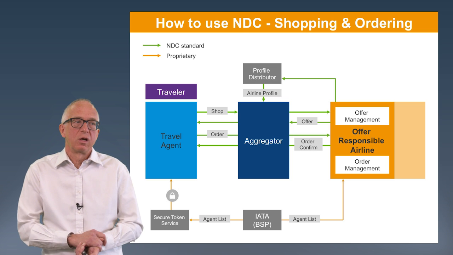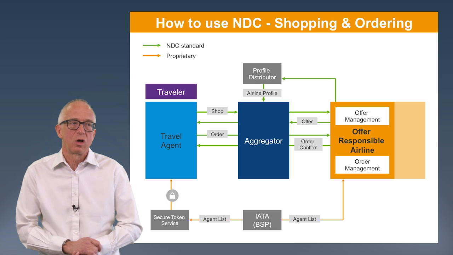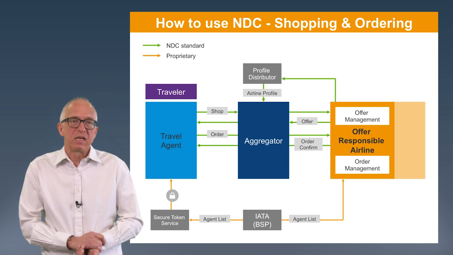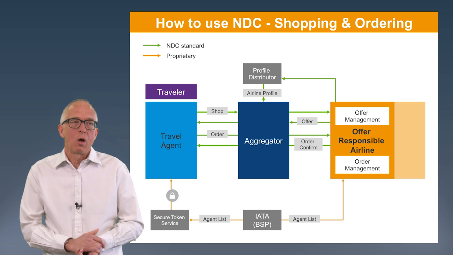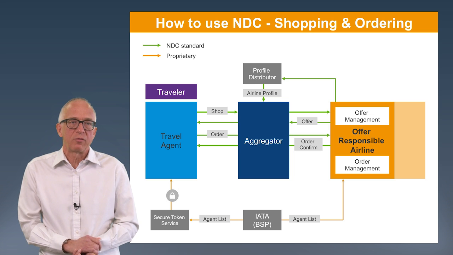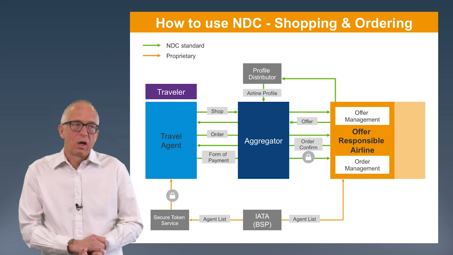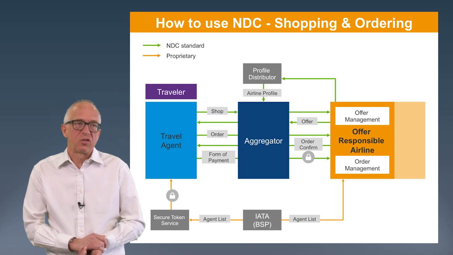Having done that, of course, the airline responds back to the travel agent with the confirmation message. And that will have an ID attached to it, which makes up the basis for the traveller to know this is what they have now bought. But they may not actually have paid at that stage.